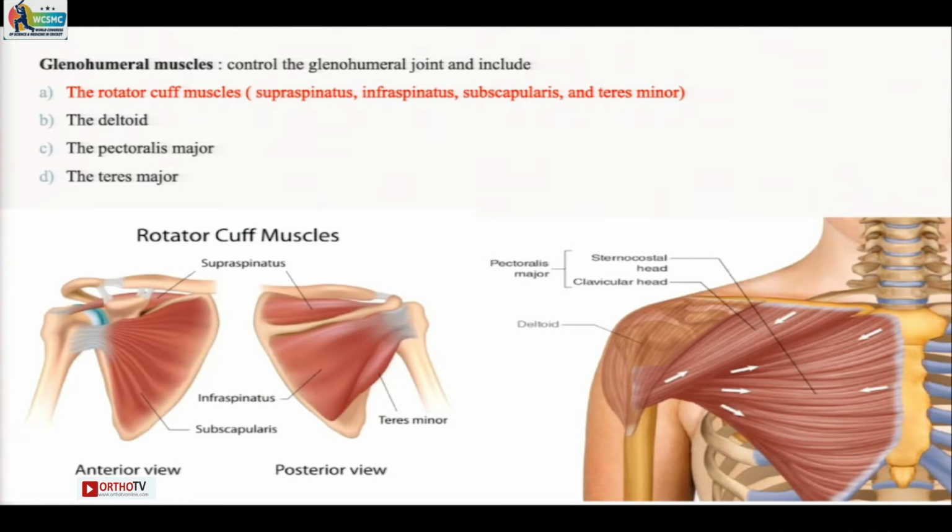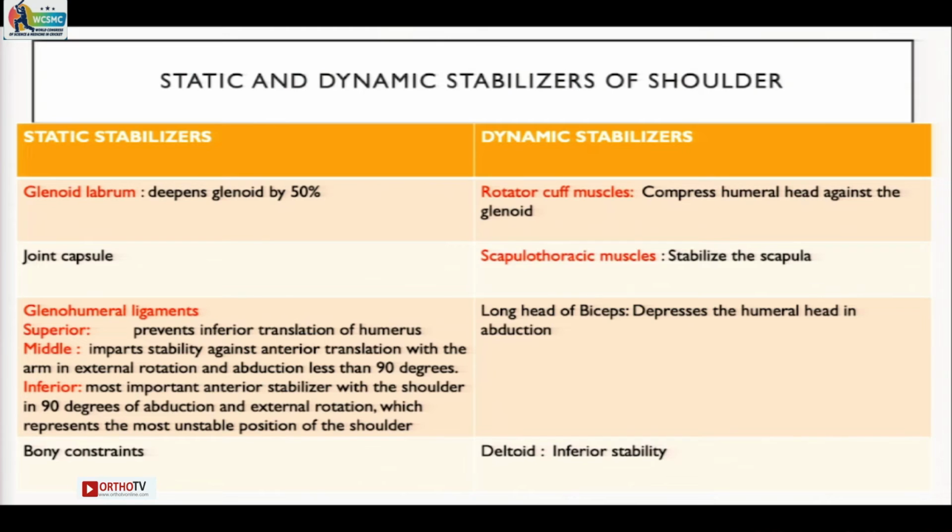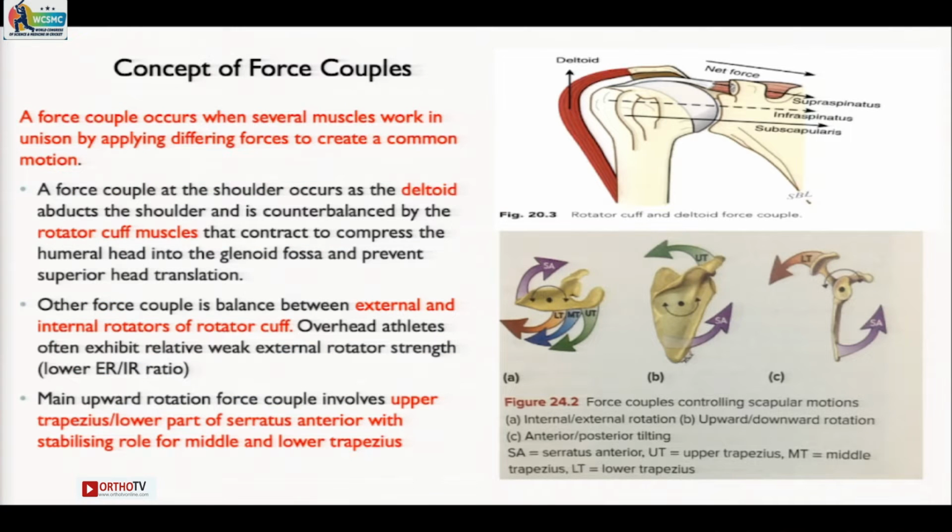Out of these, the rotator cuff muscles are very important. They are dynamic stabilizers of the shoulder: when you are doing a throwing action, it is because of the rotators that the humeral head is centered on the glenoid.